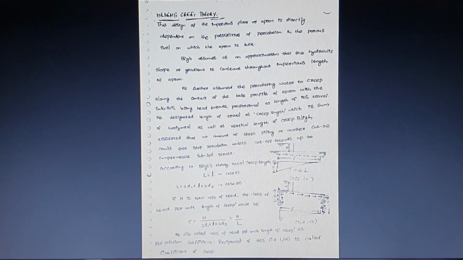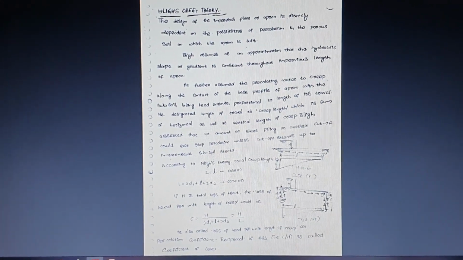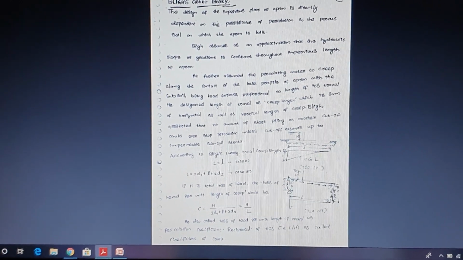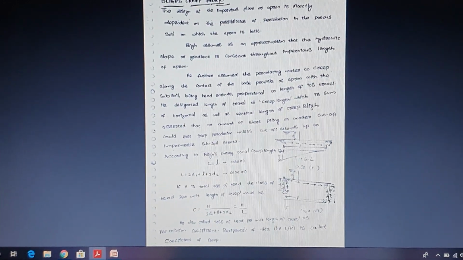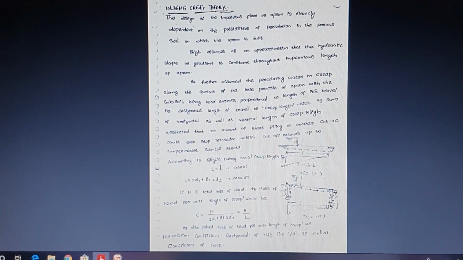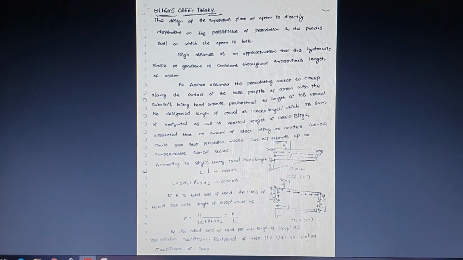According to the Blitzkrieg theory, total length L is equal to L if you do not have any piles provided at both the upstream and downstream ends. If you provide piles at the upstream and downstream end, then L will be 2d1 plus total length of your impervious apron plus 2d2, which is the depth of the foundation on the downstream side.